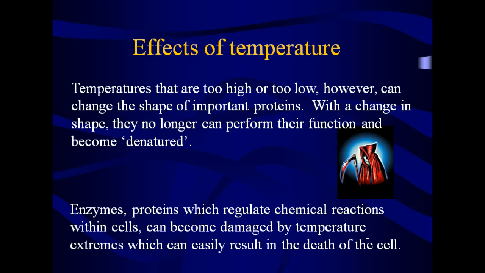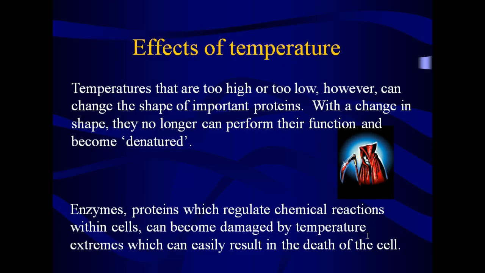Now, if you get extreme temperatures, what that does is it changes the shape of proteins, and protein shape is very, very important because the shape of the protein is related to its function. What each individual protein does, and remember I said there's about 2 million different kinds of proteins in a human being, each of those functions is determined and regulated by its shape.